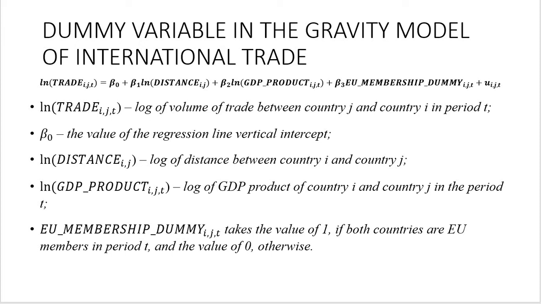It is possible that only one country is a European Union member in this period, and it's possible that neither of the trade partners are European Union members in this period. However, based on how we design this dummy variable, we do not make any difference between the latter two options. We are just interested whether two countries are members of the European Union simultaneously in period t or whether this is not true.